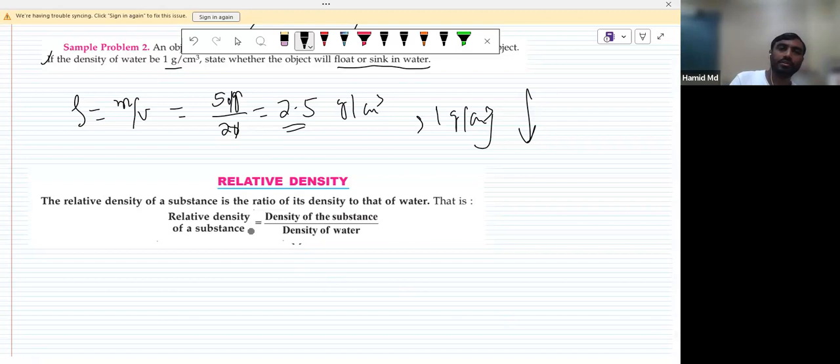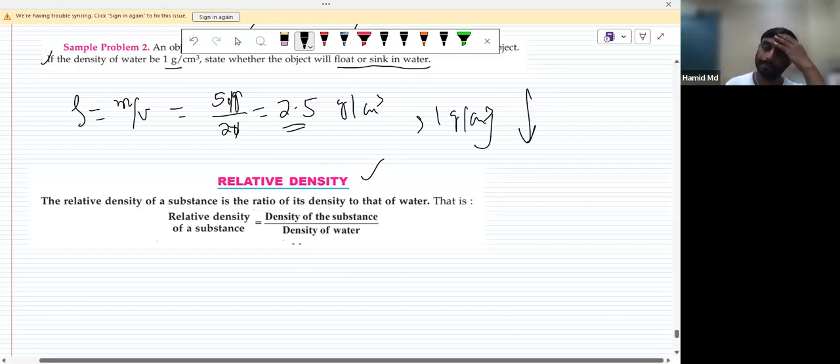So now we have to define, I think, the last definition, and this definition is relative density. How will we define the relative density? Relative density will be in relation with some other quantity. The other quantity is always given. When we talk about relative velocity, specific heat, these are standard terms in physics.